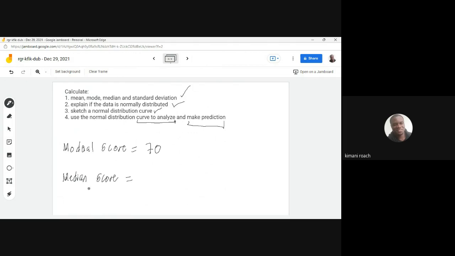In order for us to find the median score, we first need to locate what we call the median position. We can do that by using the formula n plus 1 divided by 2, where n is our total frequency. So that's going to be 101 divided by 2, which is going to give us 50.5.